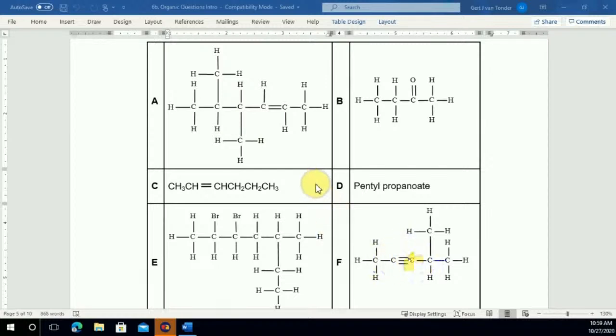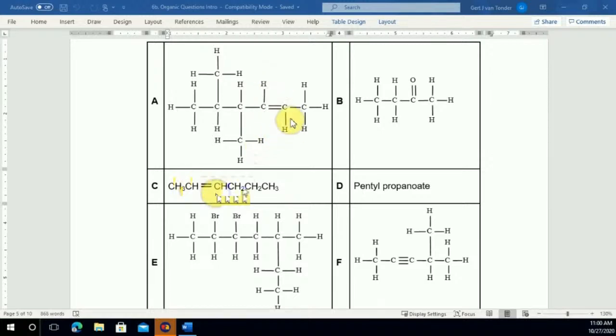Just to show you again, number C is a condensed structural formula. I remind you again, the CH3 at the end over there, that's what that looks like. A CH2, that is what a CH2 looks like over there. So that would be an end carbon, with one attached, and another one of those attached. So it's a CH3, CH2, CH2. And then when you have a double bond, there's only place for one hydrogen.